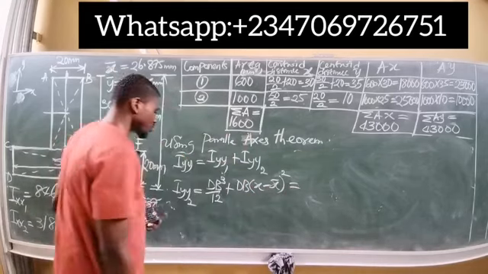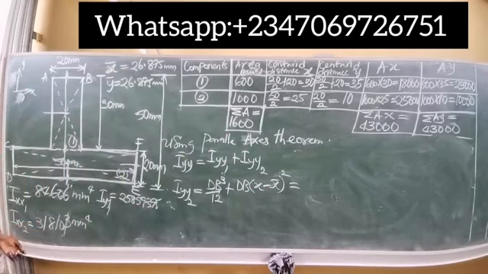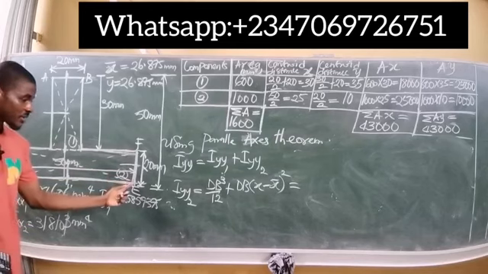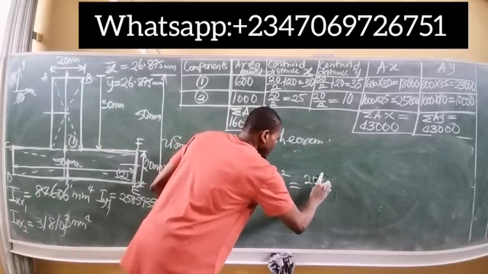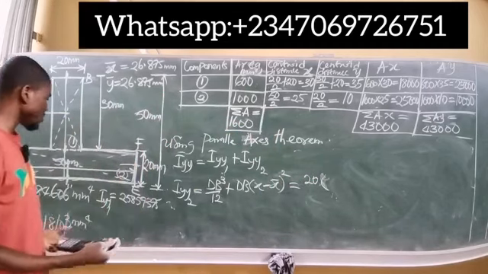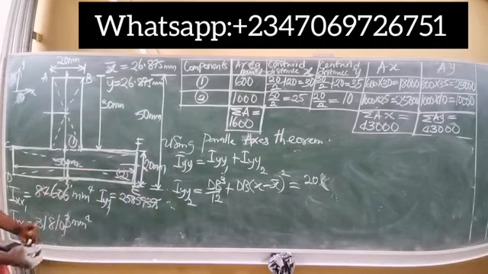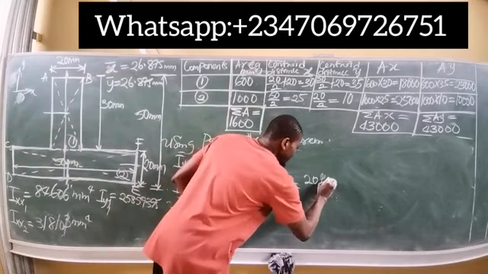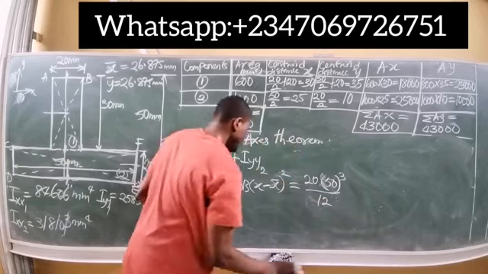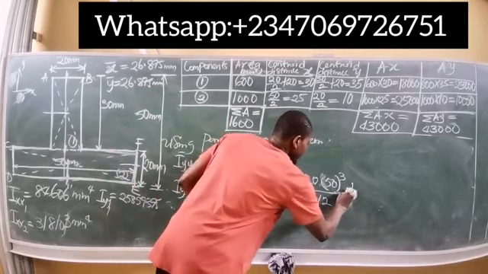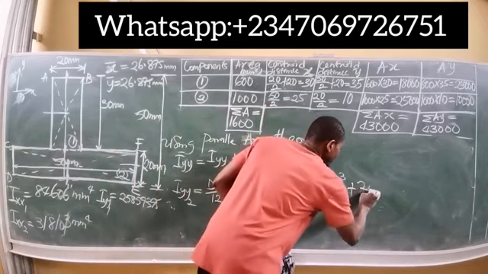For the second component, the depth is 20 millimeter, multiplied by the width, which is 50 millimeter, so 20 by 50 cubed all over 12, plus 20 by 50.